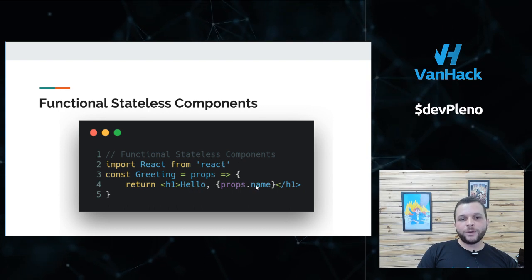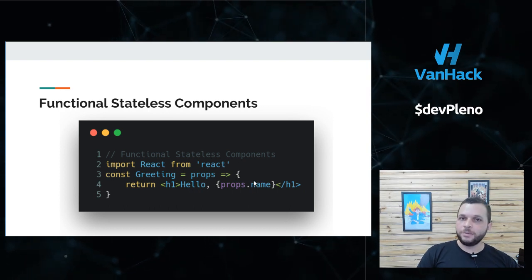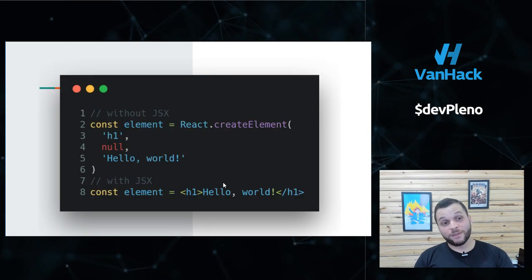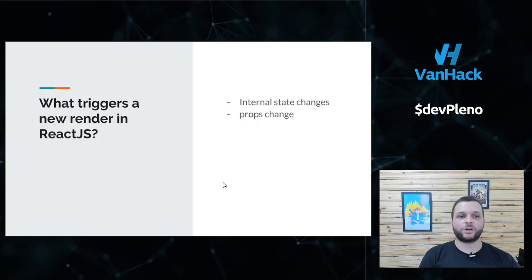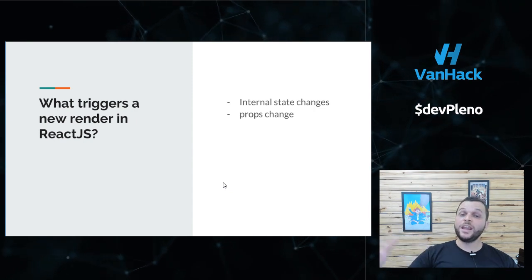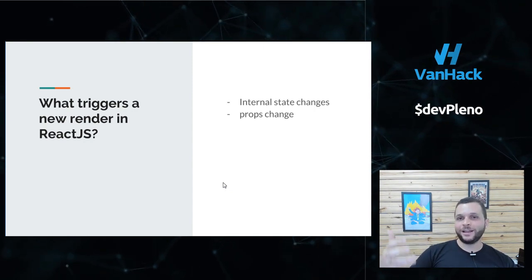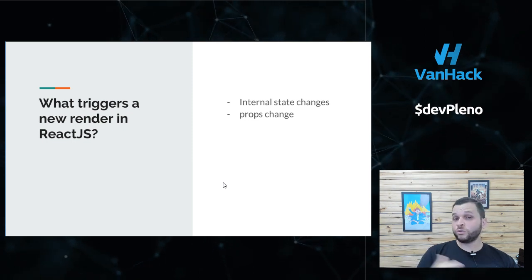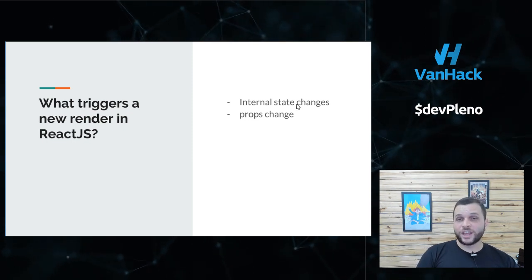So when I update this name here, how can I update this name? We have two cases or two triggers that make a component re-render, so render again. The first trigger is an internal state change.